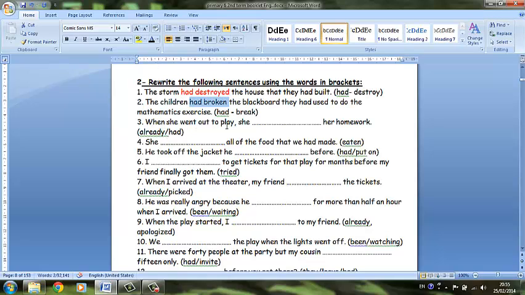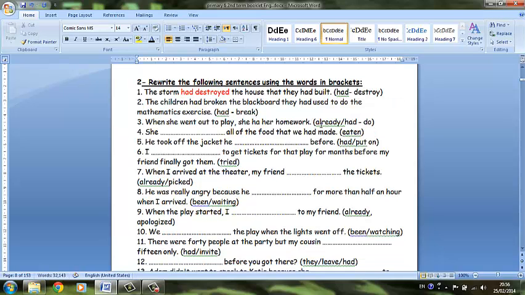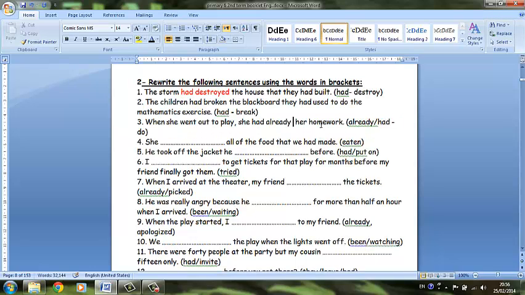Okay, so the third one: when she went out to play, she blank her homework. We are going to put a dash and write do. So in the first three examples we are going to add destroy, break, and here we add do. So when she went out to play, she had already, do, did, done.